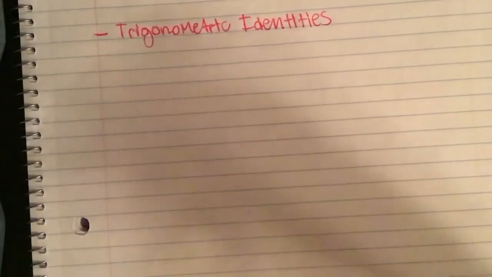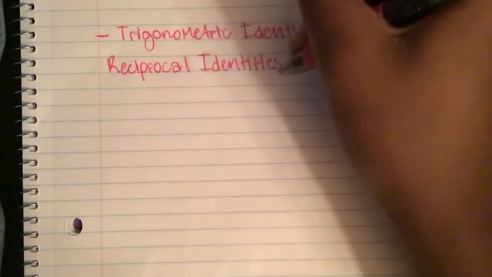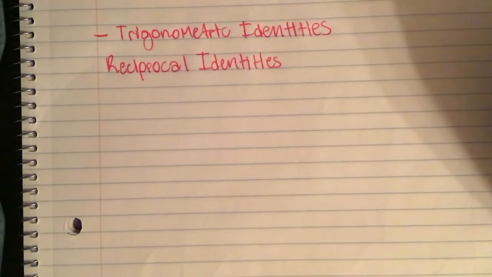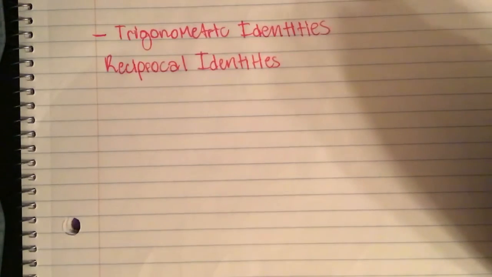Okay, so now we're moving on to focus on trigonometric identities. So the first thing we're going to go over here is the reciprocal identities, which we used way at the beginning of trig, and it helped us to memorize our sine, cosine, secant, cotangent, cosecant functions.